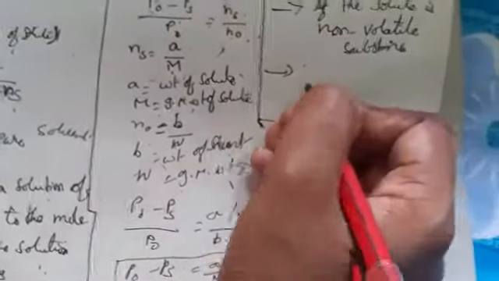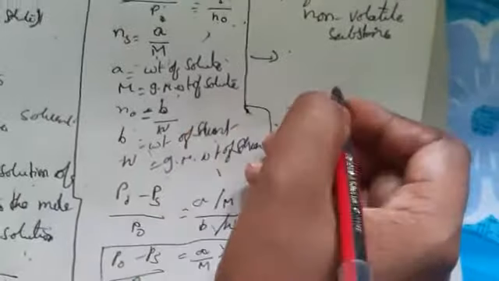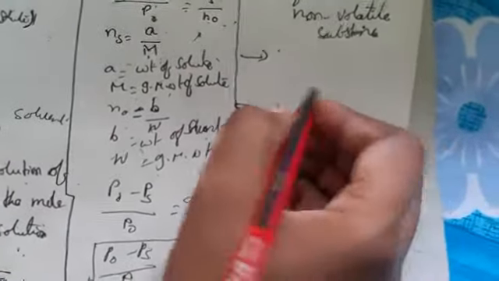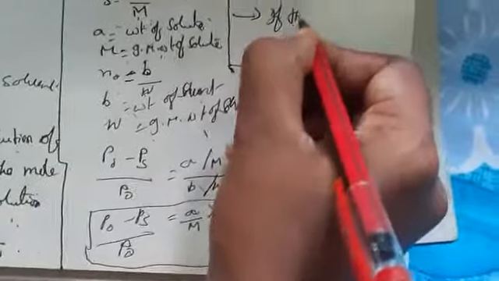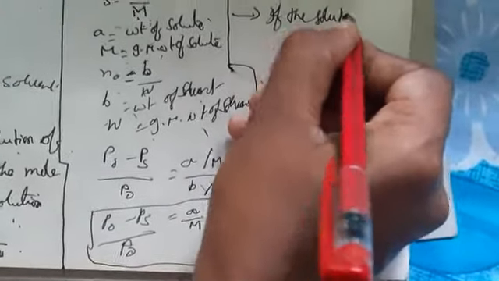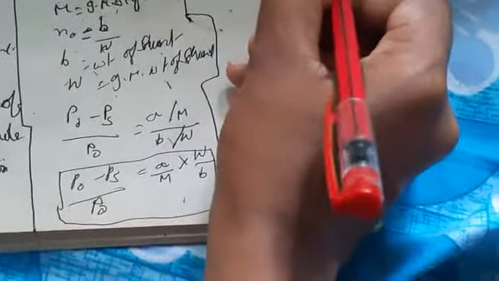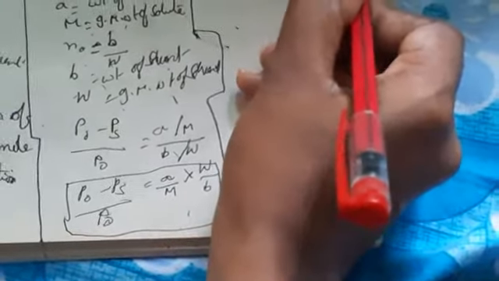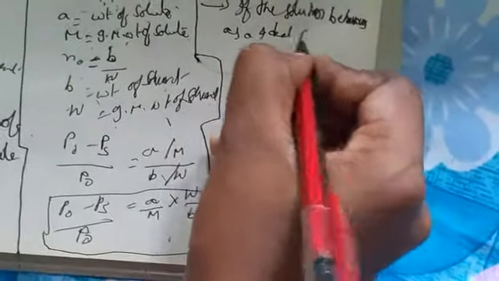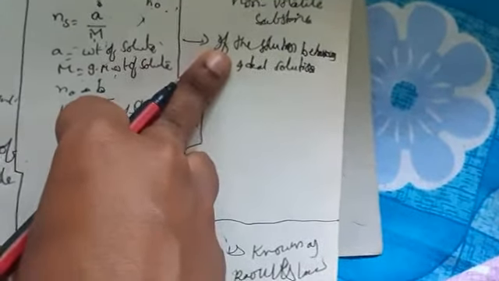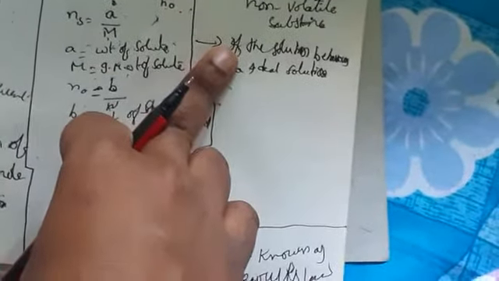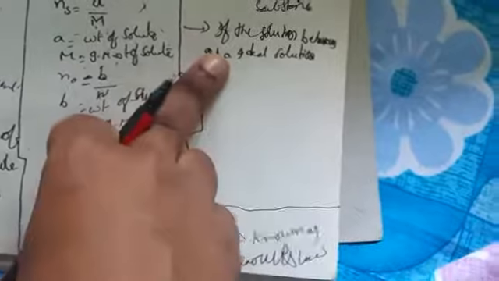Next one, the solution behaves as an ideal solution. For example, we take solute plus solvent. What happens when we mix? We get the same mixture, a clear liquid, yes or no? That one we call an ideal solution.